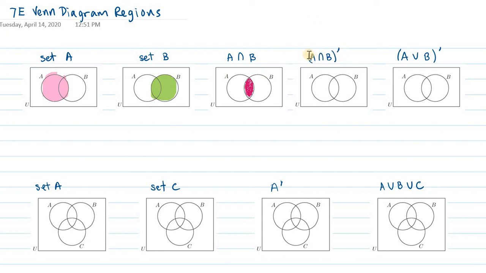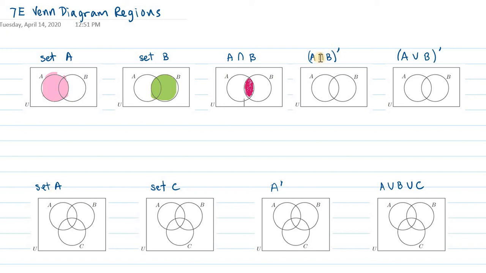Now, for this next example, (A intersection B) not, what that means is that we would work like order of operations. So we would figure out what area is represented by what's in the parentheses. Working with the parentheses first, it would be the intersection of A and B, which we already established in the previous example. Then the not, that's the negation.